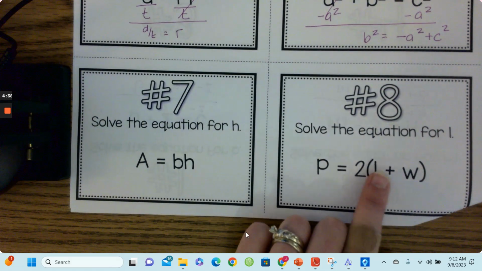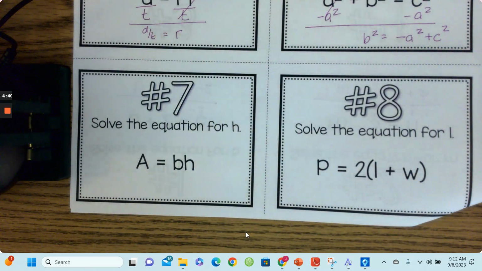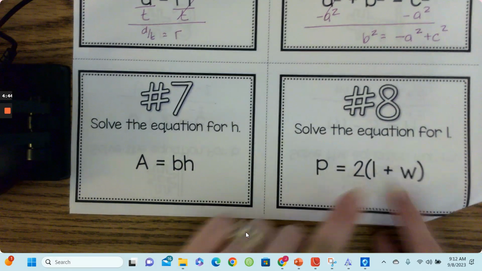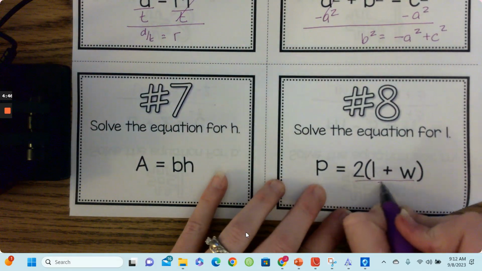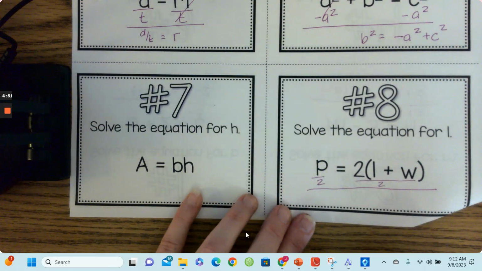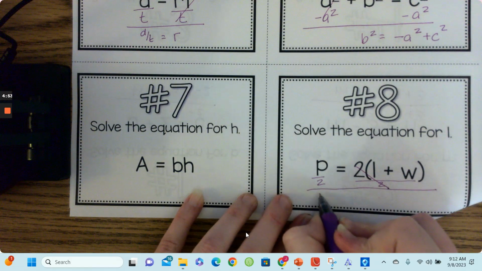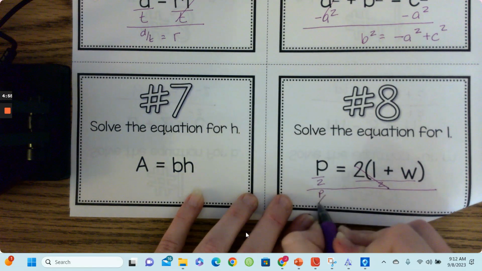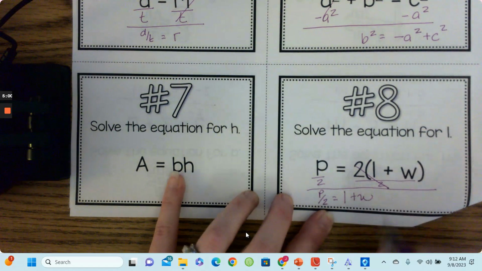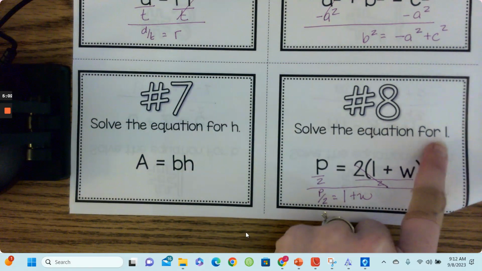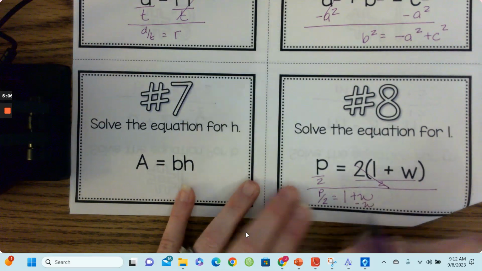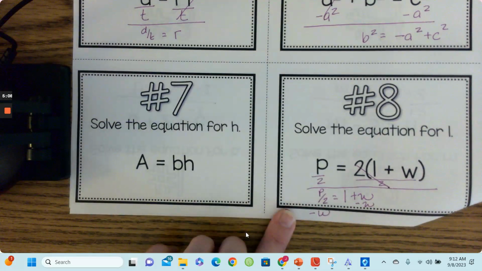Number 8. I've got 2 options for how I can do number 8. This is why I showed you during inequalities that we can divide this whole side by 2. Because that's my easiest option in a problem like this. Because that will cancel. So I've got p divided by 2, and then that just equals L plus W. If I'm solving for L, I need to move the W. So I would subtract W from both sides.